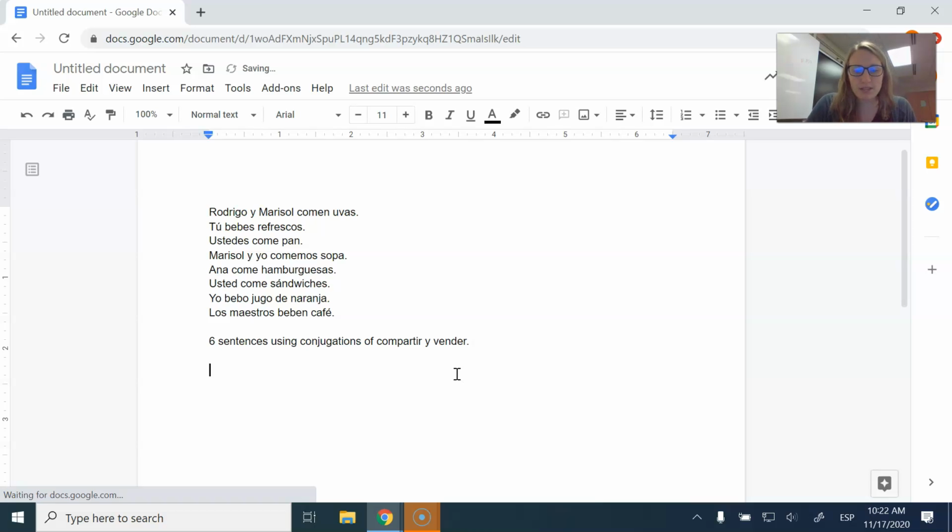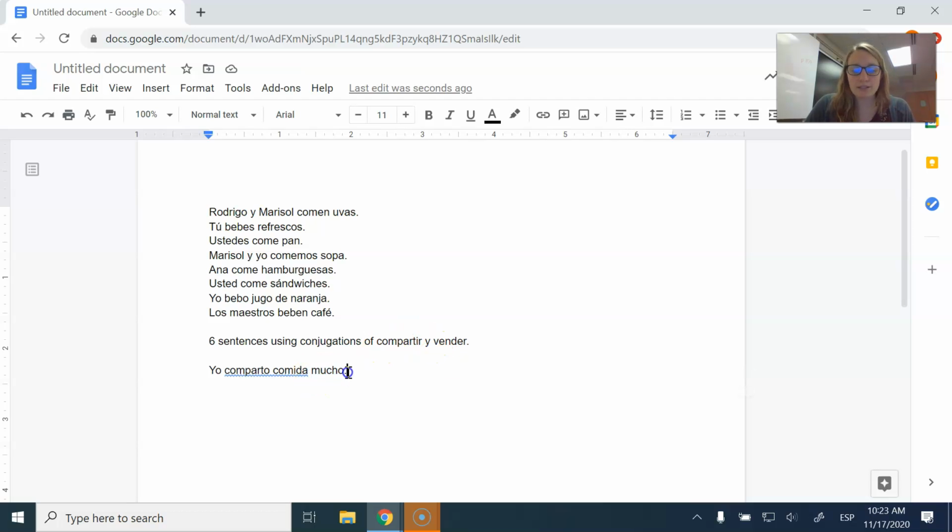So for example, you could say, yo, compartir means to share. So compartir, subtract the ER and add the O. Yo comparto comida mucho. I share food a lot. Now, if I want to say I share a lot of food, now note that this is a word of frequency, right?